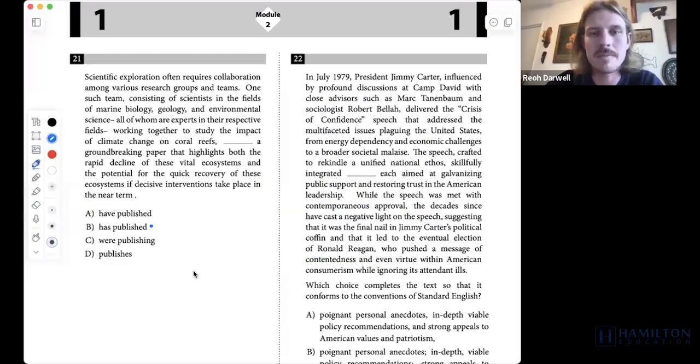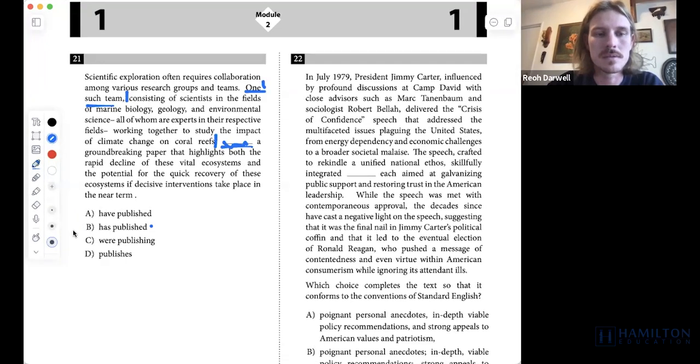All right, 21 does something that the SAT loves to do, which is throw a very, very long non-essential phrase in between our subject and our verb. So how many teams are there? One. As such, our verb here needs to be conjugated to the singular. What are our singular options?